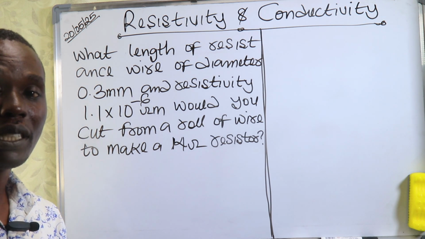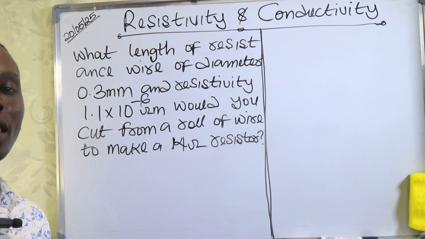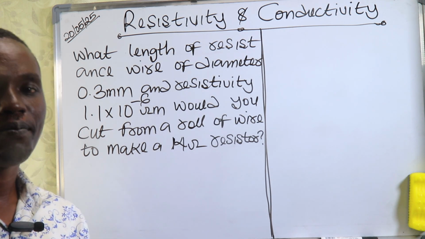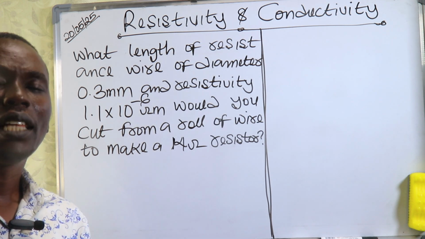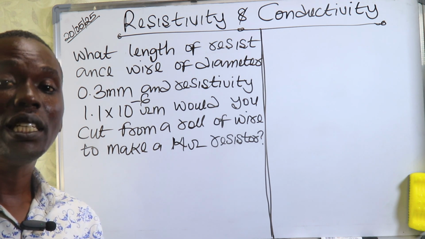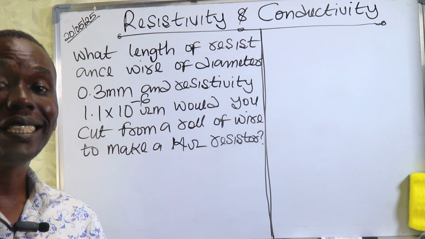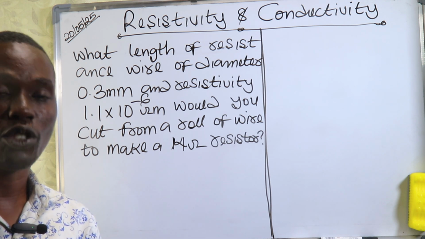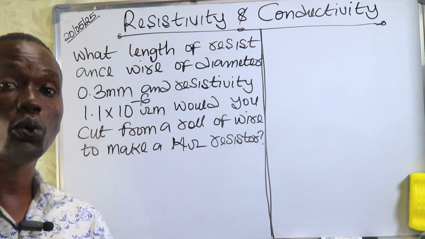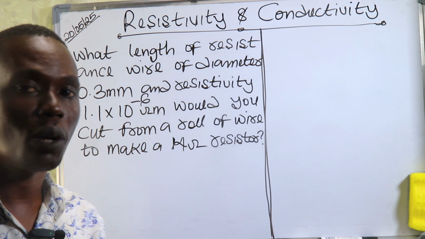Resistance, resistivity and conductivity. Now, when we talk about the resistance of any material in the form of wire, that resistance is directly proportional to the length of that wire, and always inversely proportional to the cross-sectional area of that wire.